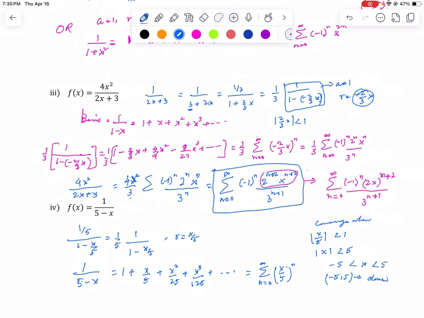It means 3 over 2, multiply by the reciprocal, the absolute sign stays with the x. And this gives you negative 3 over 2 is less than x is less than 3 over 2. So that will be the interval of convergence or the domain, whatever.